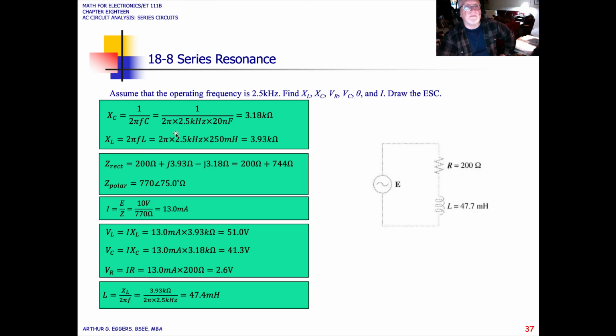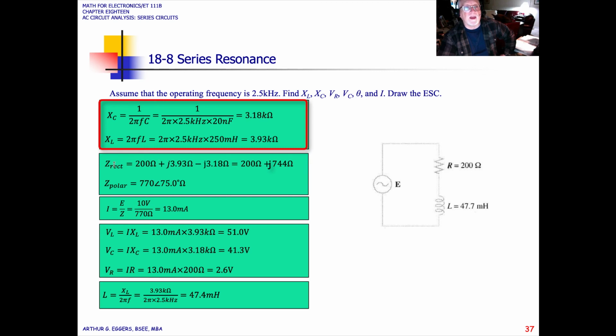Okay, same thing here. You can go through and work this, solve for the values of the inductive and the capacitive reactances at the frequency given, 2.5 kilohertz. In this case, you'll notice that we are not at resonance, so we have 2 different values for our reactance.